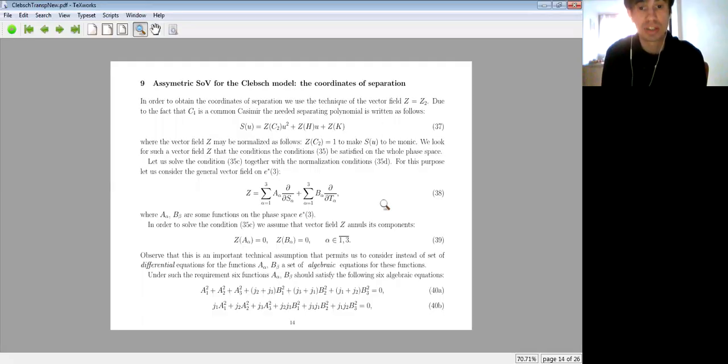That is why we will write a general vector field on the 6-dimensional linear space given by the formula 38.